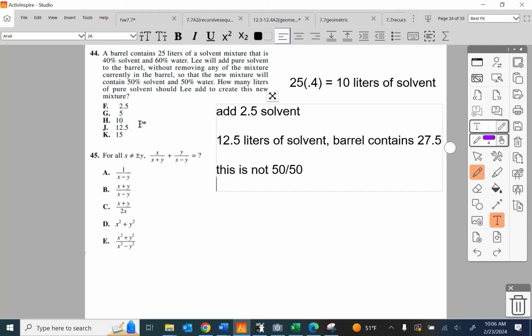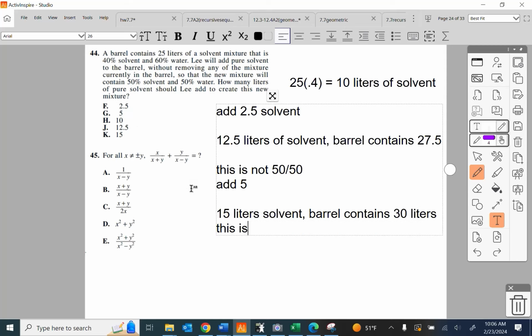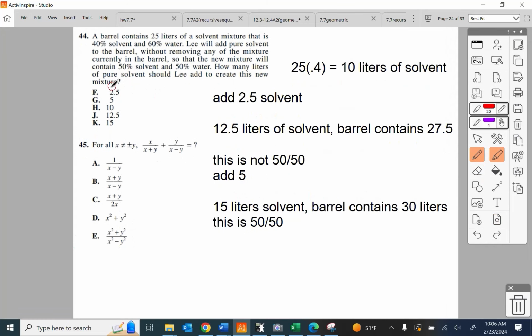If I add 5, I have 15 liters of solvent. And the barrel contains 30 liters because 25 plus 5 is 30. This is 50-50. That's how you get the right answer. There's an algebraic equation behind this that is a little more difficult to do, but whatever.